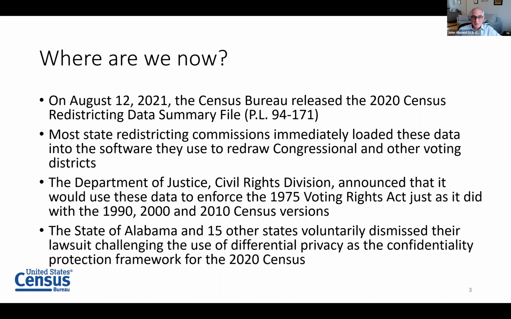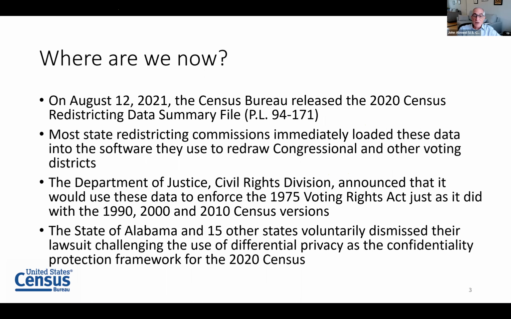So where are we now? On August 21st of this year, the Census Bureau released, this is the formal name of the product, so I try to get everyone to use it, the 2020 Census Redistricting Data Summary File, called for by Public Law 94-171, often referred to as PL 94-171, or amongst the cognoscenti as just PL, but I point out when somebody uses that acronym that there are many public laws, and 94-171 uniquely identifies the one that obligated the Census Bureau to assist in redistricting by publishing these summaries from the 2020 census and earlier decennials.